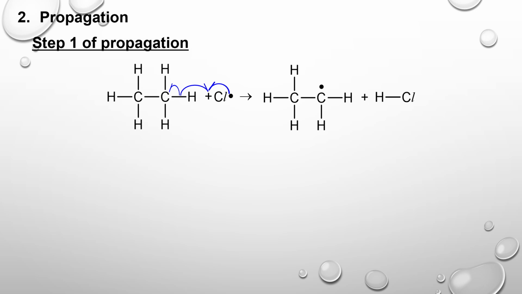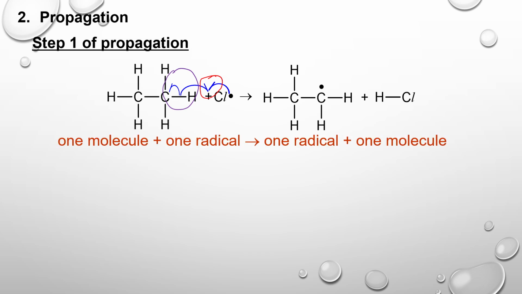So I show you the arrow. I show the breaking, I show the forming. So this is actually the formation, you can see that it forms, and this part here is actually the breaking. Okay, so you can actually see the breaking and the forming. So when I have one molecule plus one radical, I will form one radical and one molecule. So that is the step 1.